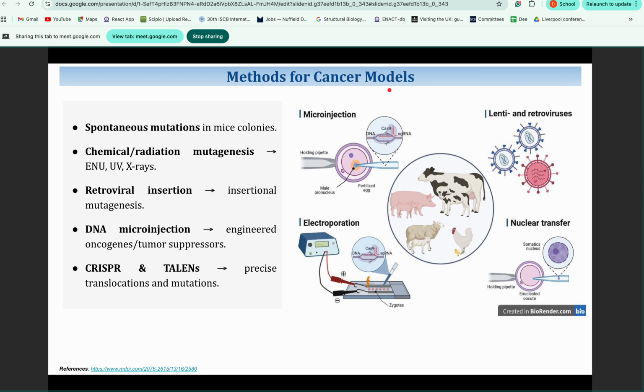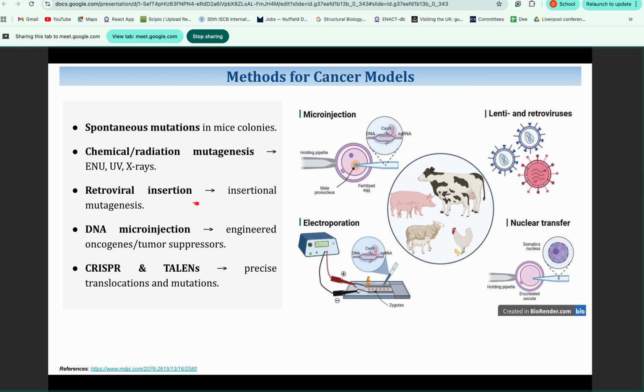Now there are methods for cancer models. So different methods with which we can study the cancer state in different animal models. So first is the spontaneous mutations in mice colonies. So spontaneous means we can naturally bring about those mutations. Then comes chemical and radiation mutagenesis, in which we will use certain chemicals such as ENU, UV rays, X-rays to bring about those mutations in the genes.